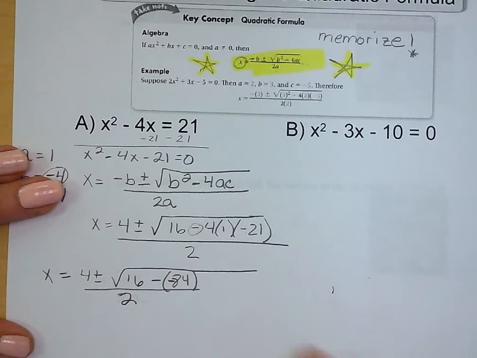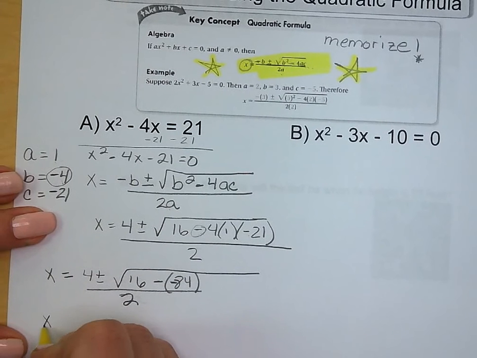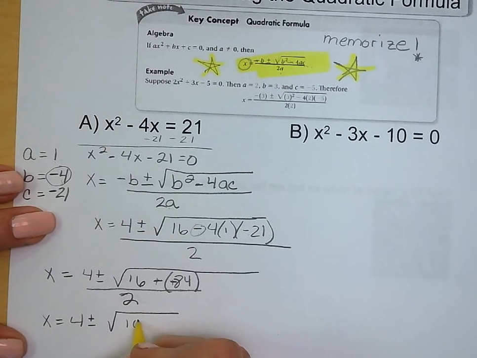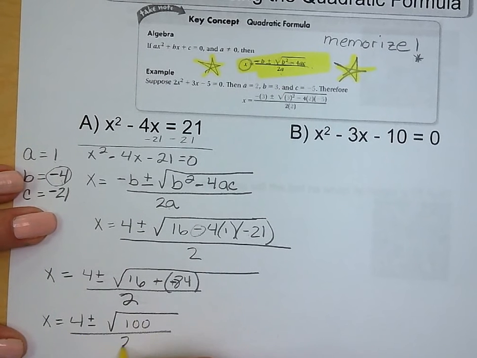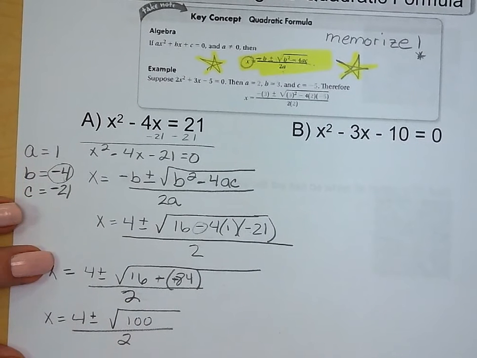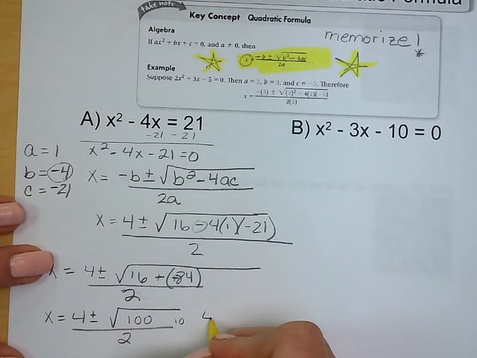All right, so now we simplify inside that radical. We're going to get x equals 4 plus or minus the square root of 100. We have minus a negative, so we switch it to a plus, and we're still dividing by 2. Square root of 100 is 10. So we're going to have x equals 4 plus or minus 10 over 2.